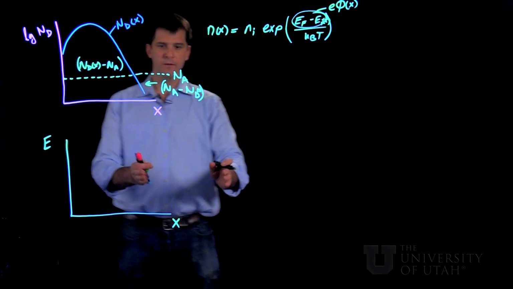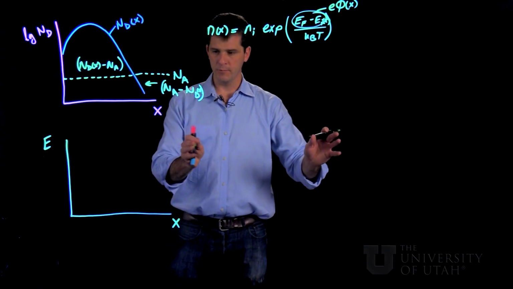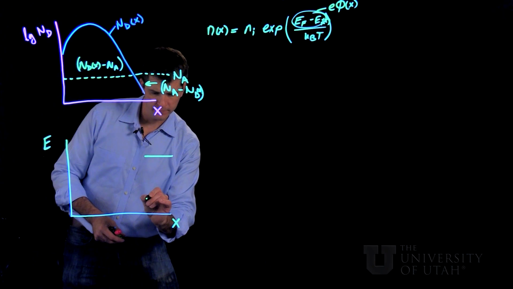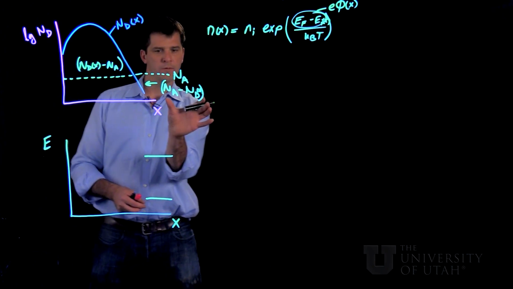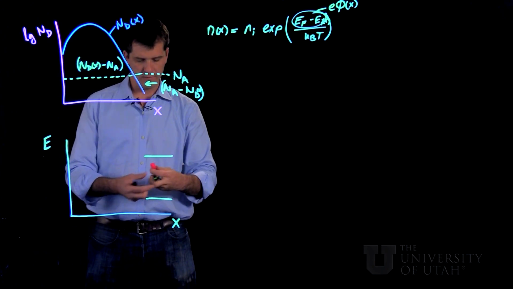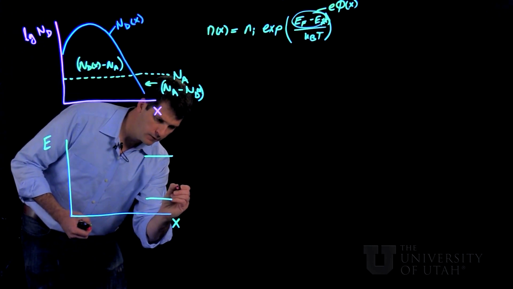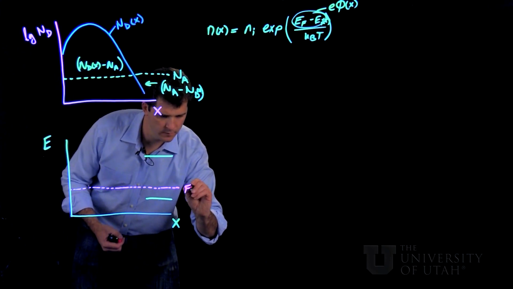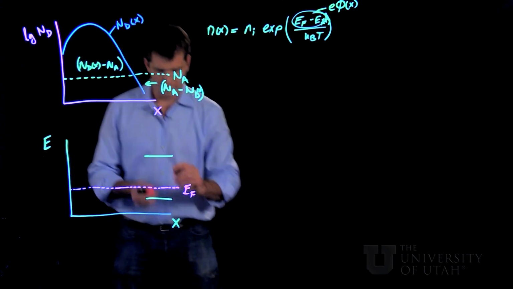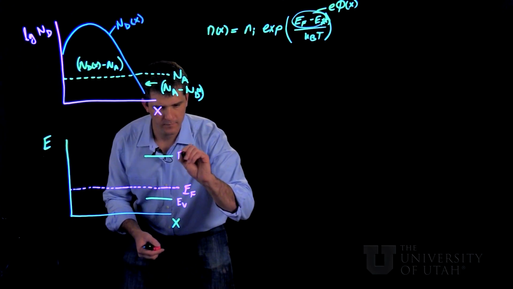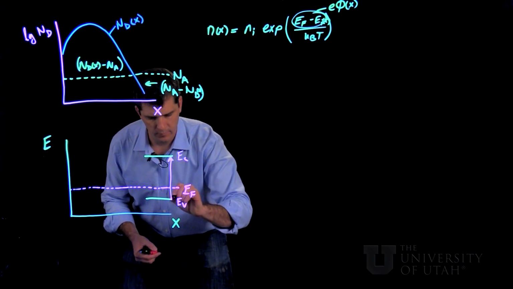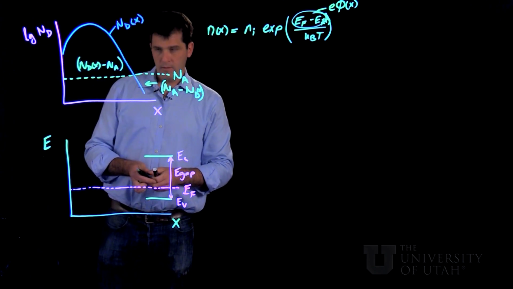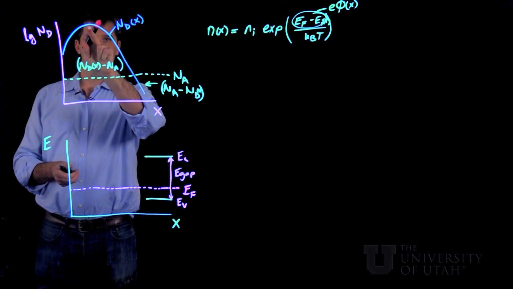So very far away from this impurity profile, deep in the wafer, I'm going to draw first my band diagram. So I know that there's more acceptors than donors, and so out here my Fermi level has to be closer to the valence band edge. And of course, here's our band gap. So then let's look at this position at the peak here.